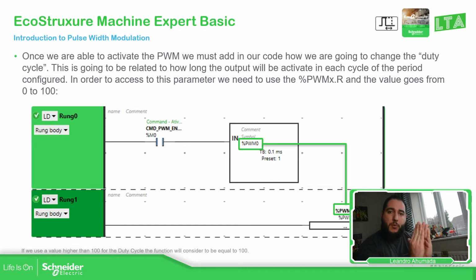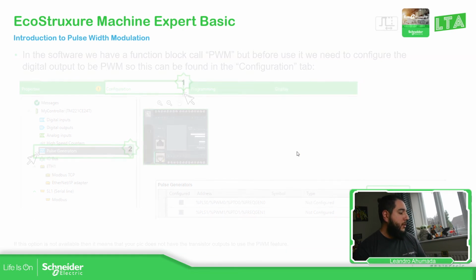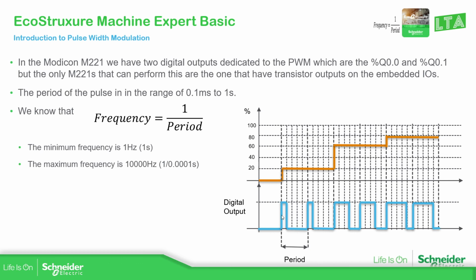That will be the period of the sequence of pulses that we're going to have. What we need to do now is configure the duty cycle, which is the amount of time that I want the signal to go through, which is this one over here. We have already configured this period. What is important now is to define the duty cycle, which is this part.